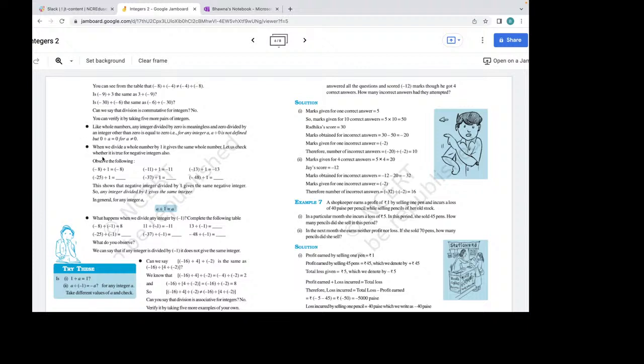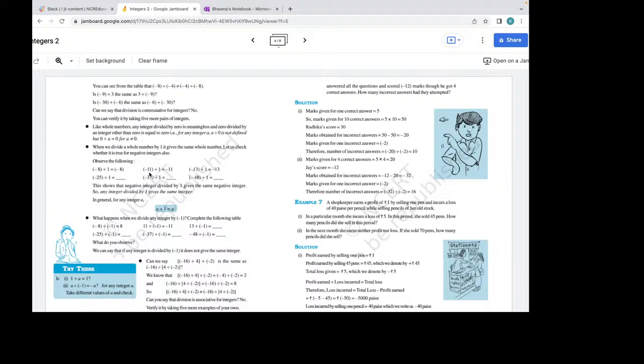Okay? Now, when we divide a whole number by 1, it gives the same whole number. It is the same as in multiplication. When we multiplied 1 by any integer, we got the same integer. And similarly, if we divide any integer by 1, we get the same integer.